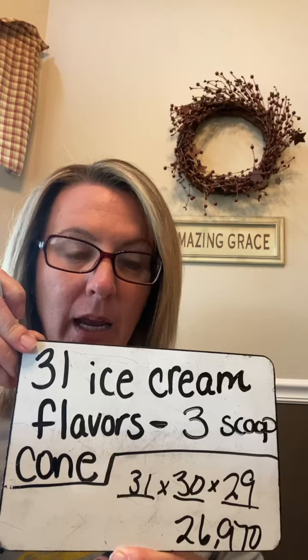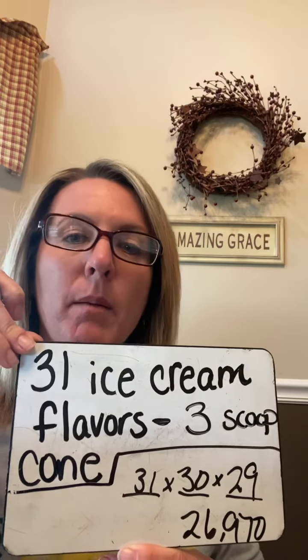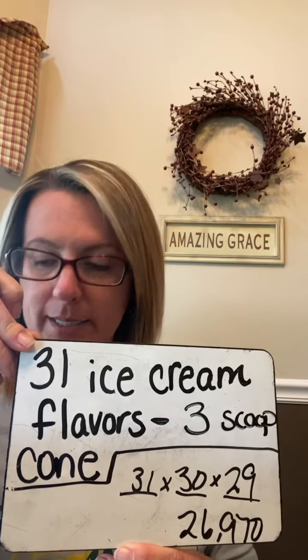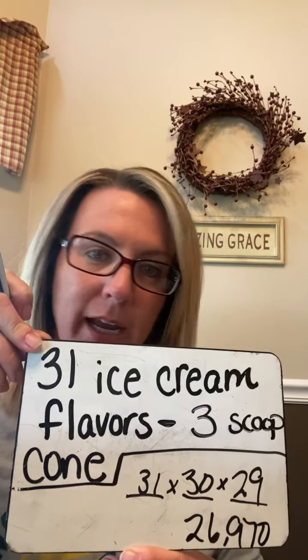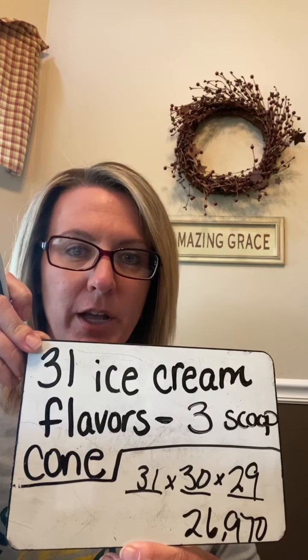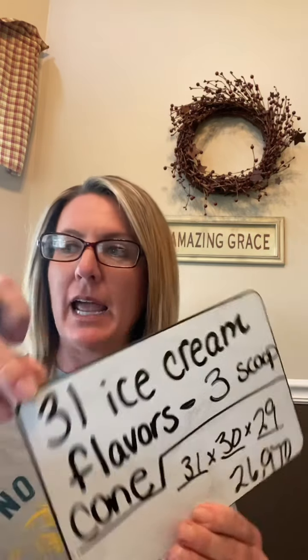So any one unique combination would be a 1 in 26,970 chance. Teeny tiny percentage there, okay? So permutations, one more time before we get ready to do our book work, has to do with all the different ways we can arrange, line up, or organize the different objects in a set, okay?